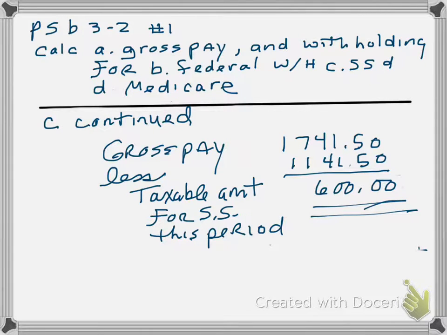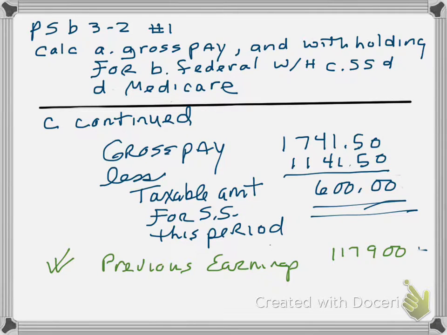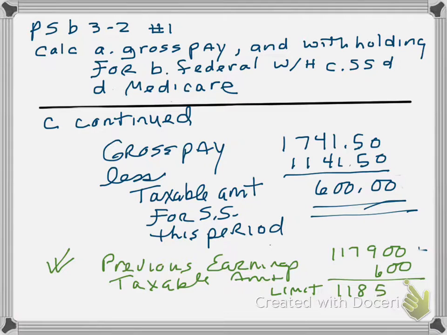You can double check this by taking the previous earnings, which were $117,900, add the amount that we are proposing to tax, $600, and see that brings us up to the limit of $118,500.